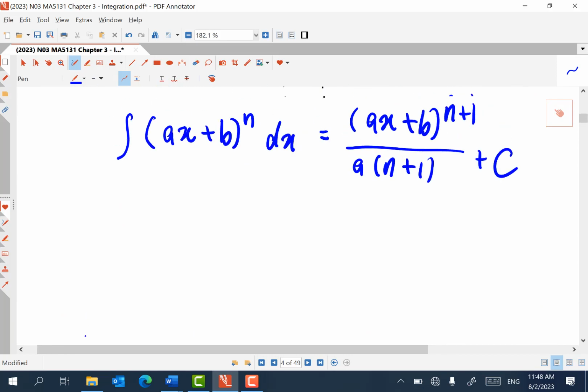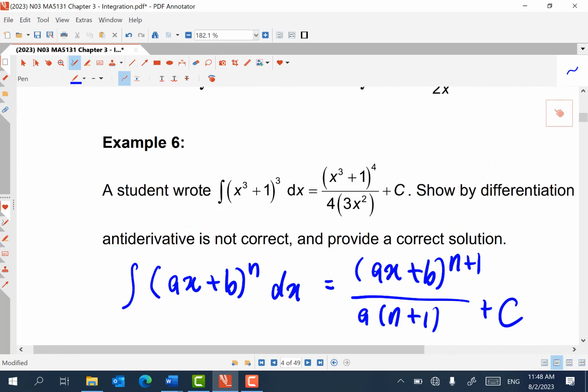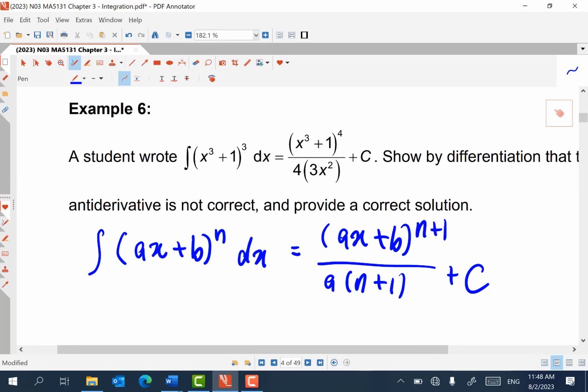And number 6 is an illustration to you that is wrong. To provide a correct solution, Yu Tong says she's going to the board to write for us. Okay, Yu Tong, please. Yu Tong is going to march to the board with one hand, please. Okay, Yu Tong is going to try on the board.